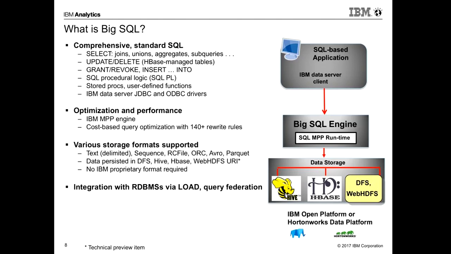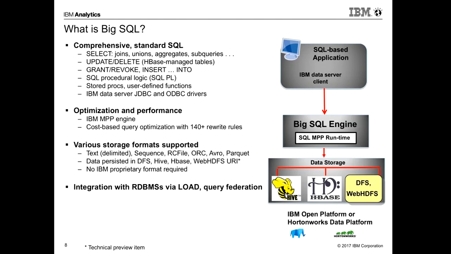You can put any data that's on your distributed file systems and query it using simple ANSI-compliant SQL. It uses its own Big SQL engine, a massively parallel processing, or MPP, runtime that sits across your Hadoop clusters. So when you run a SQL statement, it's not running MapReduce behind the scenes or anything like that. It's running its own high-performance engine.